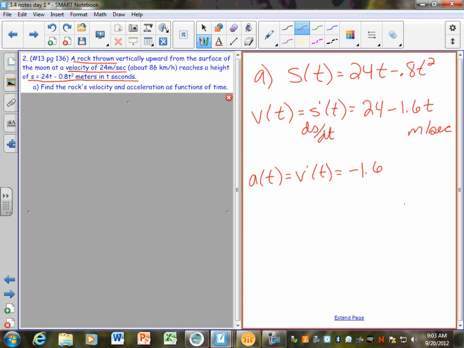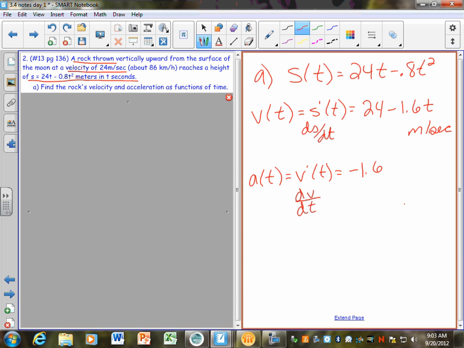What would the units on this be? We're doing this with respect to time again, right? So it's like taking dv over dt.